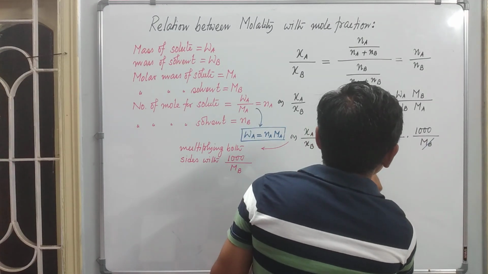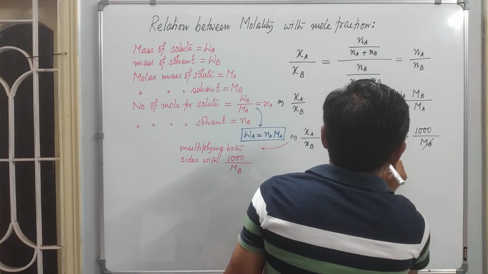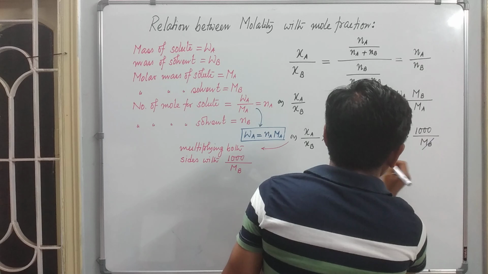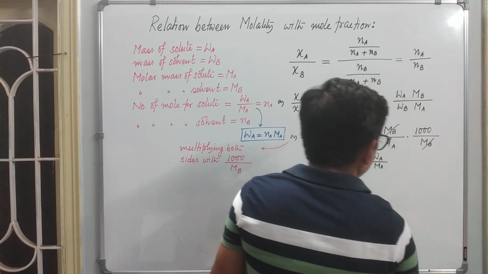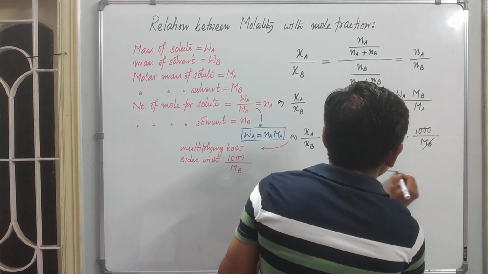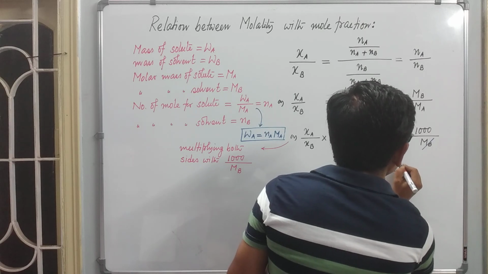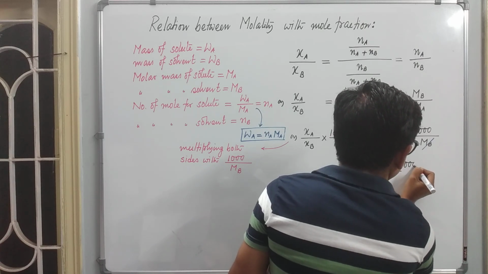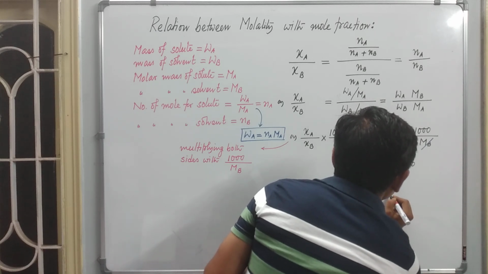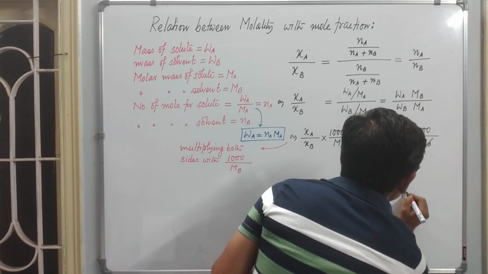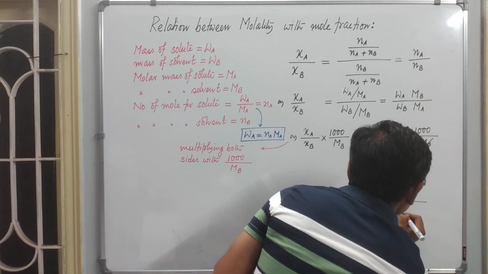Here we have, let me rearrange it a little bit. Given mass of a solute divided by molar mass of the solute, okay, whole divided by mass of the solvent into 1000. So this is nothing but number of moles of solute in given mass of a solvent, WB.